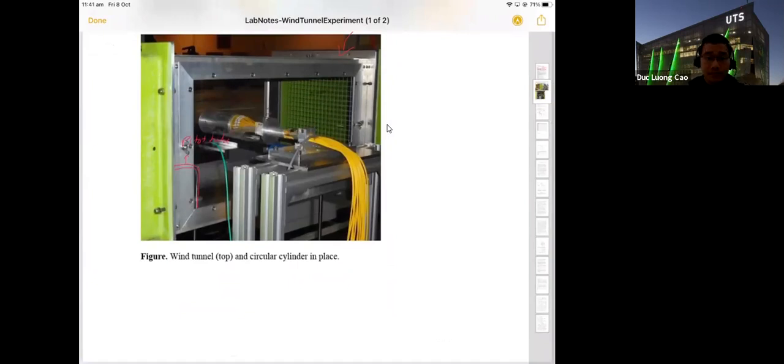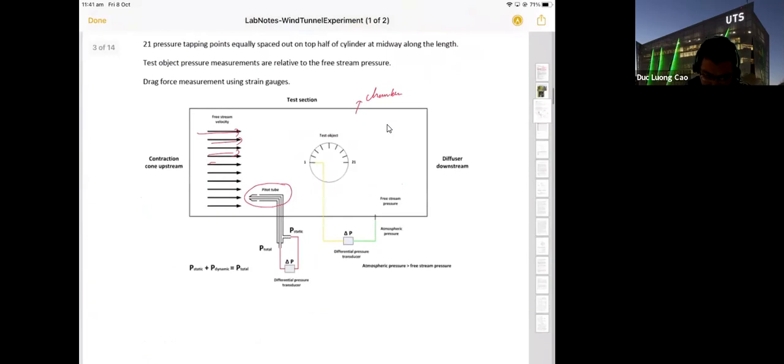In the pitot tube, we have a differential pressure transducer with two signals: one is total pressure, and the other is static pressure.